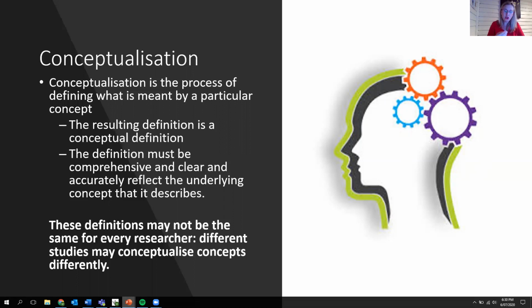So each study that you read, if they're exploring similar topics like drug abuse, read specifically how they define it. How are they conceptualizing that variable? All right? Does it mean drugs like heroin and cocaine, methamphetamine? Or are they talking about any kind of drug use, marijuana, prescription drugs? It can really change the scope of a study. Okay.